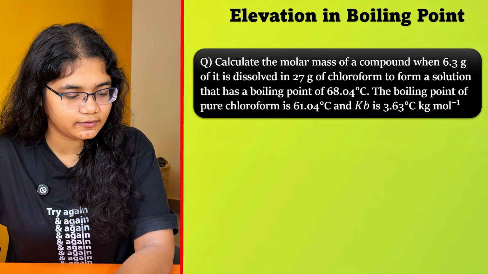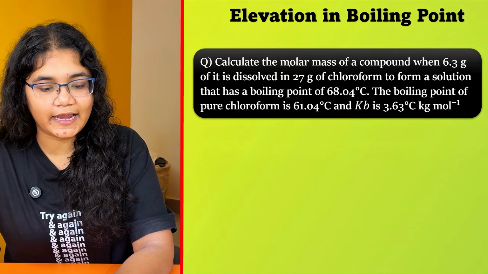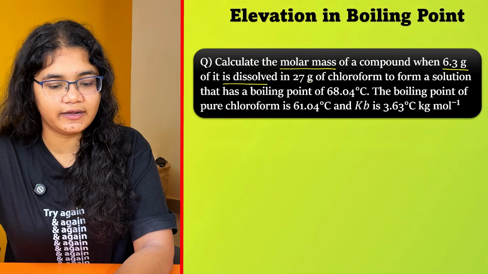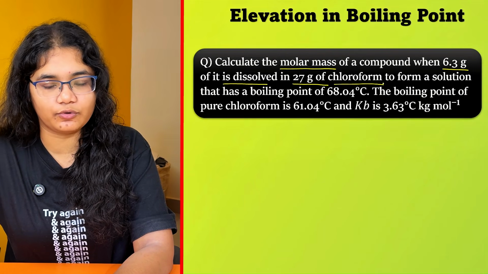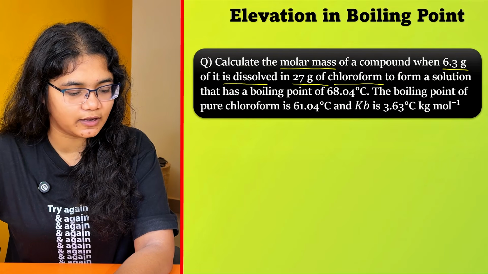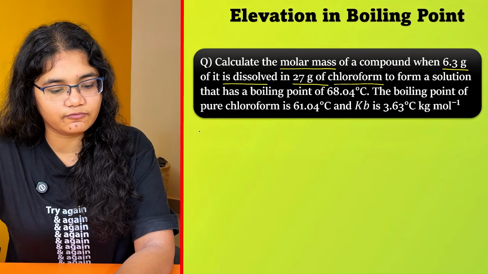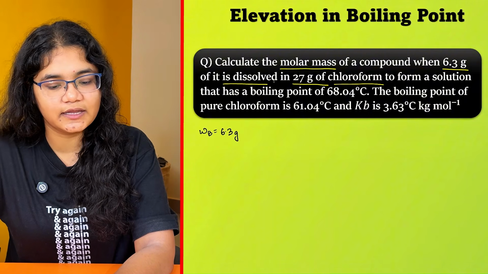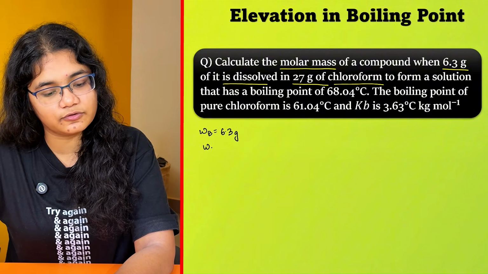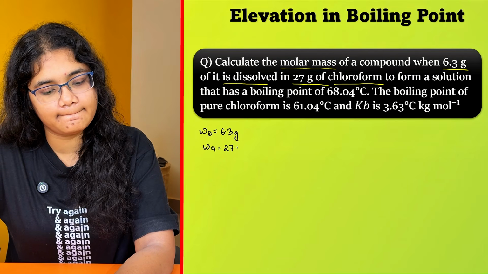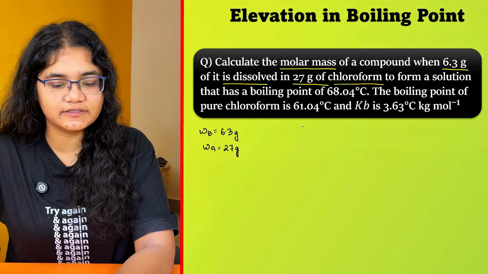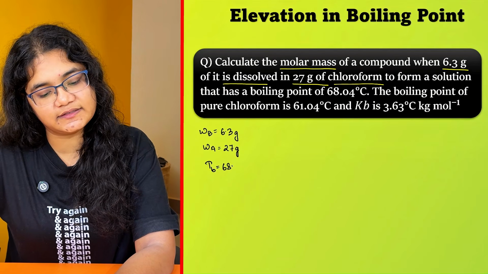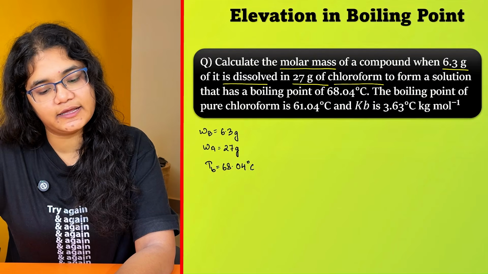Now let's talk about one question from here. Calculate the molar mass of a compound when 6.3 gram of it is dissolved in 27 gram of chloroform. So what are the values given to us? 6.3 grams of solute is dissolved in 27 gram of chloroform, to form a solution which has a boiling point of 68.04 degree Celsius.